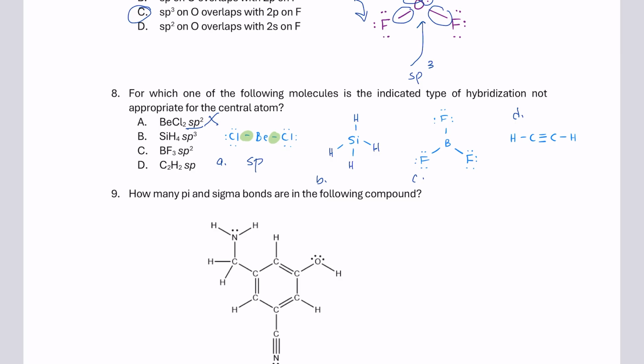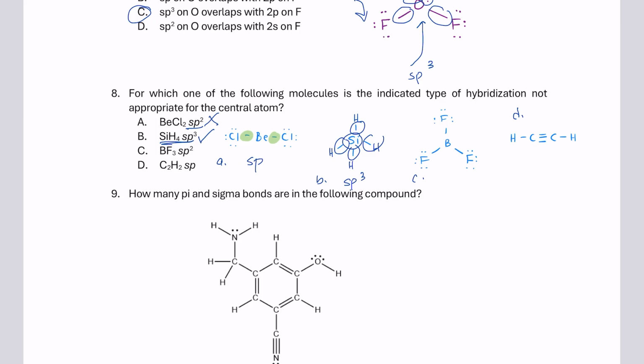So that means this is an incorrect assignment. B says we have silicon and it's attached to 4 hydrogens via single bonds. That means it has 4 electron-rich regions around it, and this corresponds to sp3 hybridization. So this is a correct assignment.